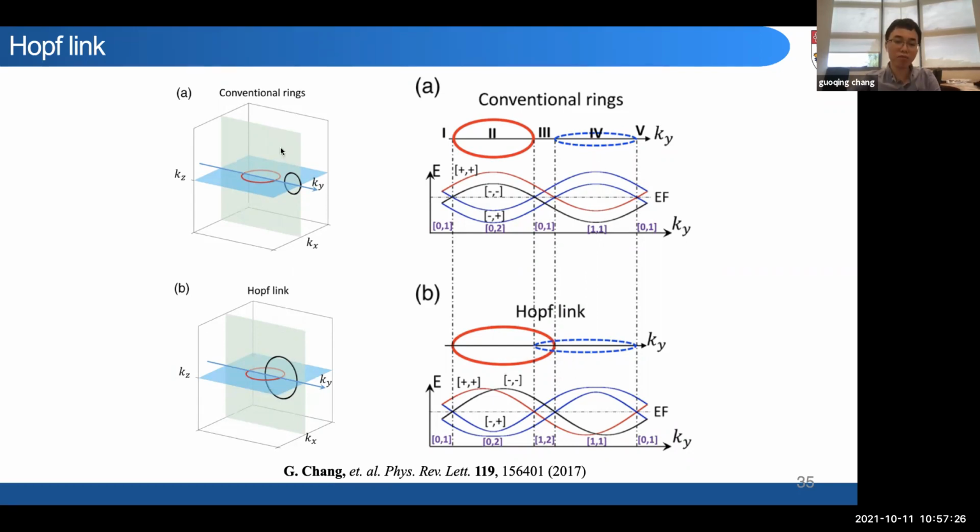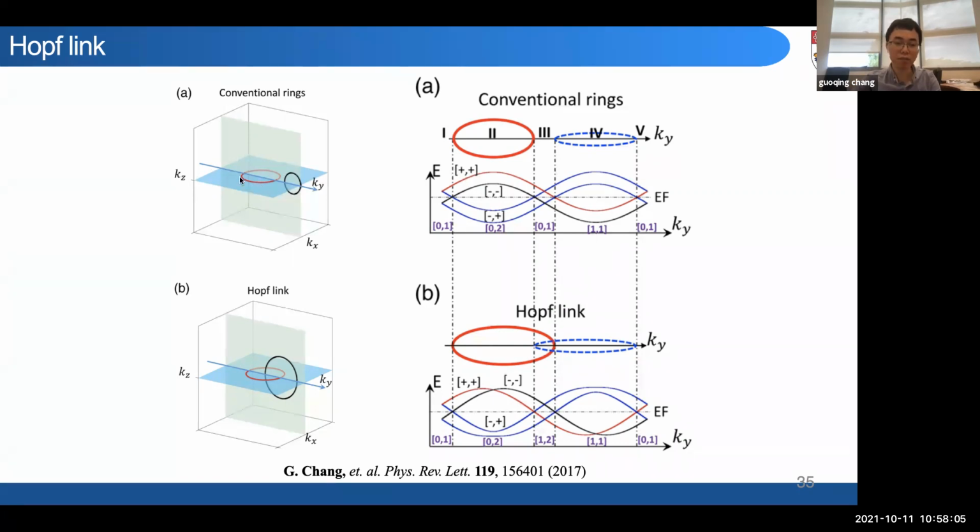I found a theorem to explain how we can change the conventional loops into a Hopf-link structure. I built a model which requires at least 4 bands. The main idea is that for this black loop and this red loop, if you look at the bands, the black loop will have the same mirror eigenvalue on this blue plane, and an opposite mirror eigenvalue on the green plane.